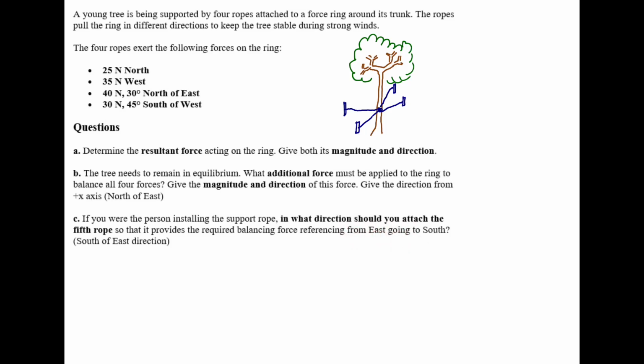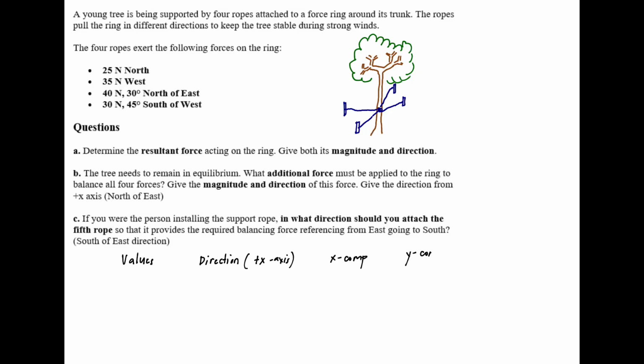So the first thing that we need to do is to write the table wherein we could write now the values, then followed by the direction in normal or the proper direction referencing from positive x-axis. And of course, we're gonna have now our x component of the force as well as the y component.